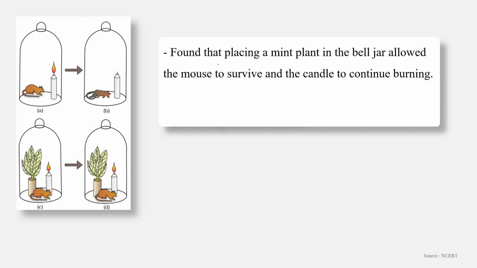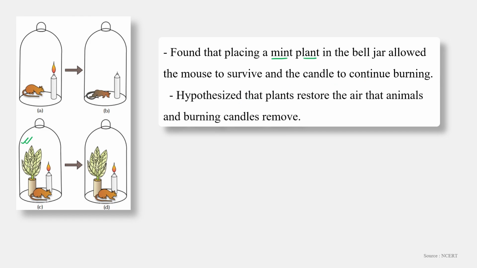So he found that placing a mint plant in that bell jar allows the mouse to survive and the candle to continue burning. He hypothesized that plants restore the air that animals and burning candles remove. So this was the first experiment related to the importance of air and the importance of plants.